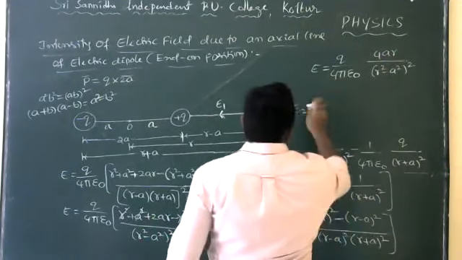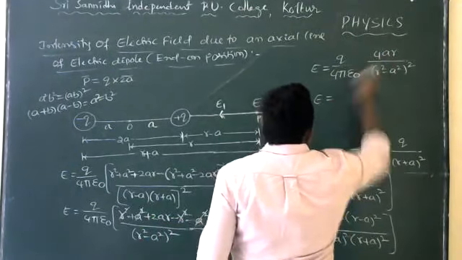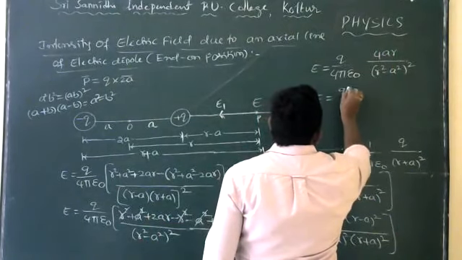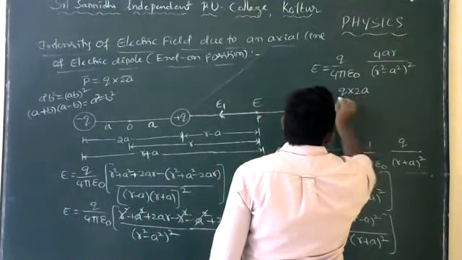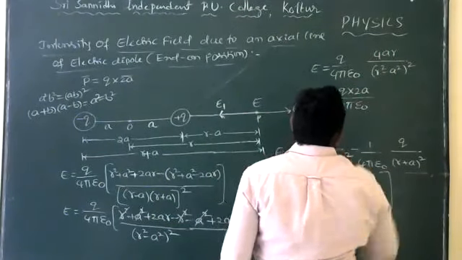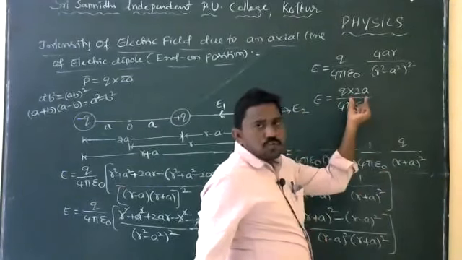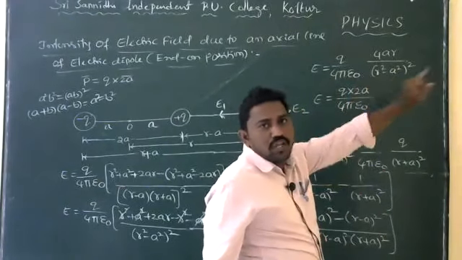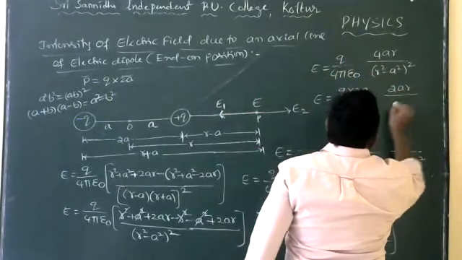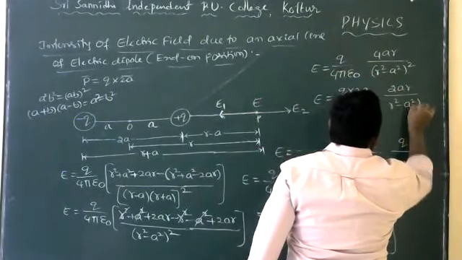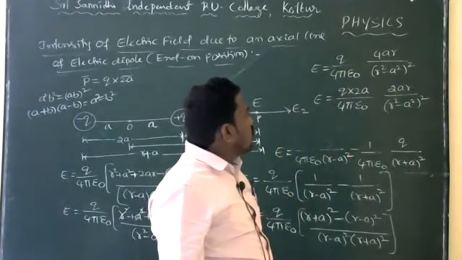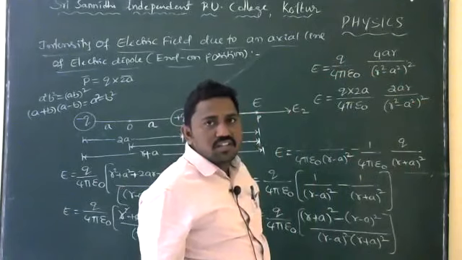Next, in this equation, 4A can be written as 2 into 2A. So Q into 2A divided by 4 pi epsilon naught, and the remaining value is 2AR divided by (R² − A²) whole squared.